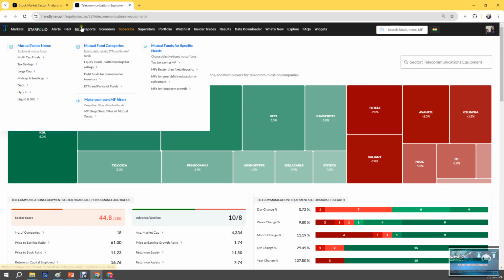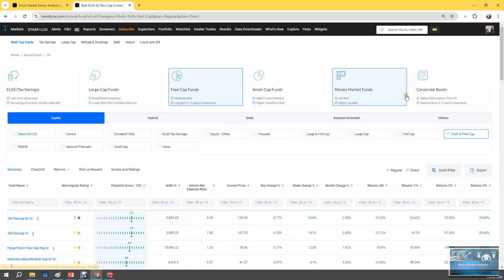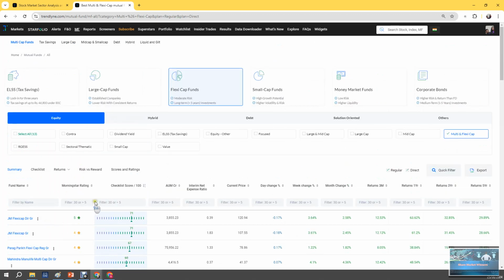If you go to the MF, you will be able to see what mutual funds there are, what types of caps you want to select, and what areas they are in. Likewise, you will see much more depth and detail about the mutual funds. I'm not very much into mutual funds, so I'm not looking at it.